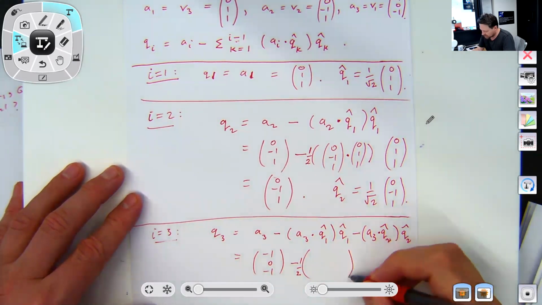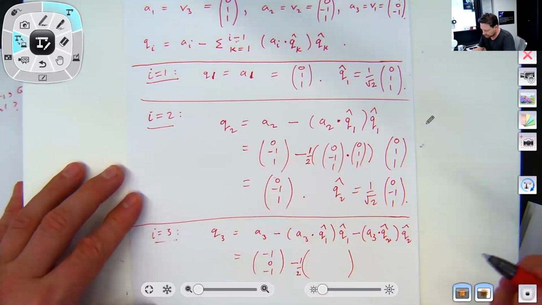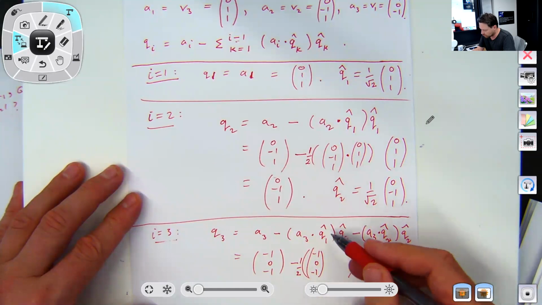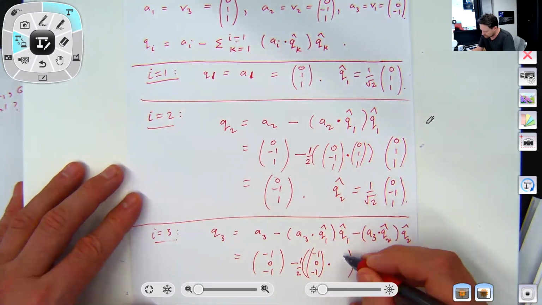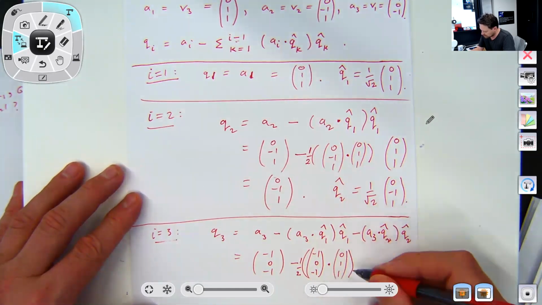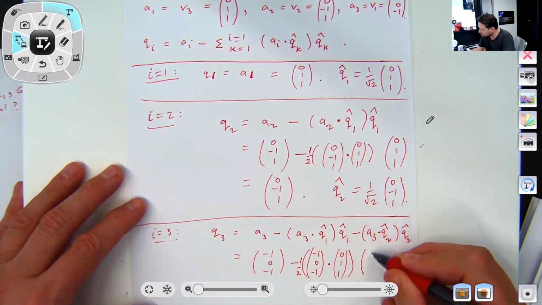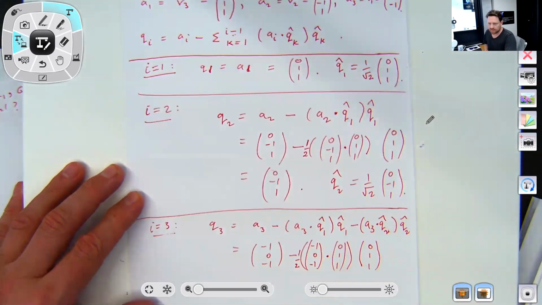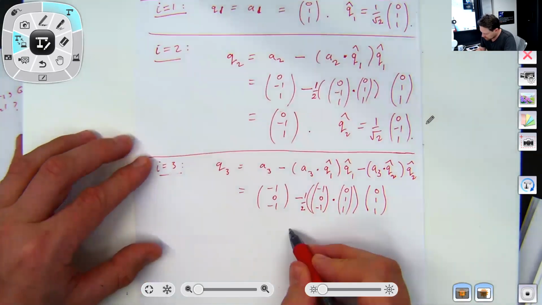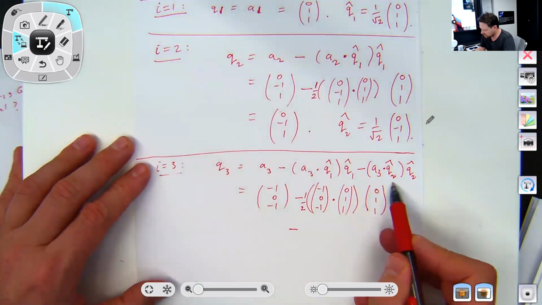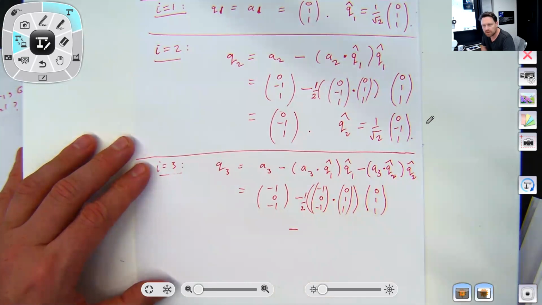And now I can express the rest as A3 dot with the integer part of Q1. So 0, 1, 1. And then I'll put the integer part of Q1 hat out here. Okay, good. And then underneath that, I'll put the rest of it. So minus A3 dot Q2 hat and so on.